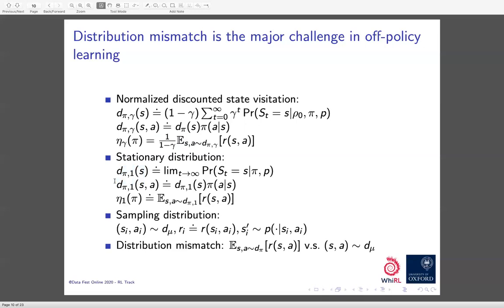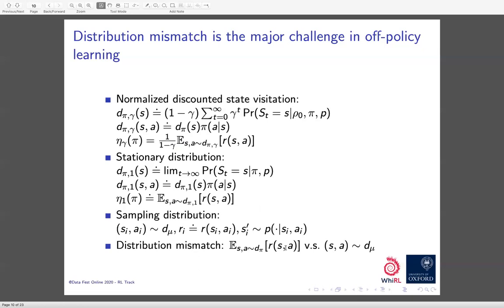Similarly, we can define the stationary state-action distribution and rewrite the average reward in the form of an expectation. Basically, it's the expectation of the reward with respect to this stationary distribution d pi 1. Now we can see that all our performance metrics are just an expectation with some distribution d pi.